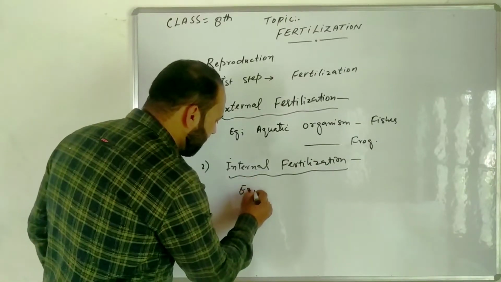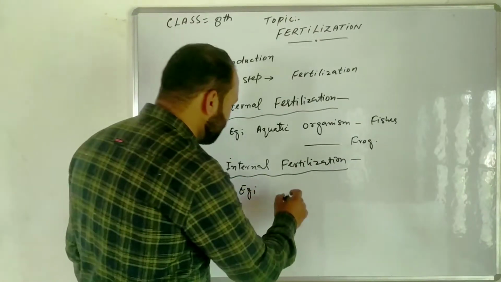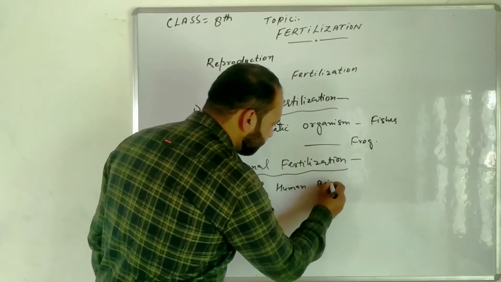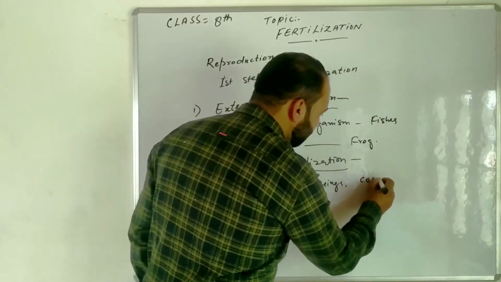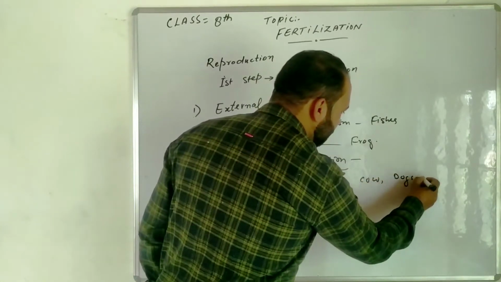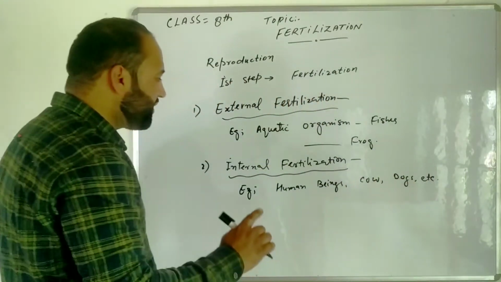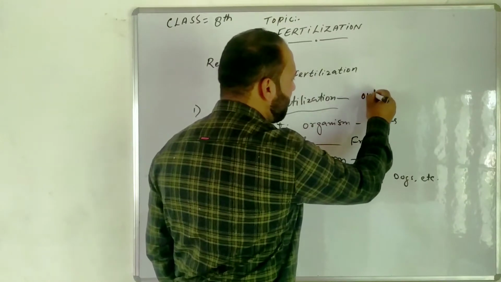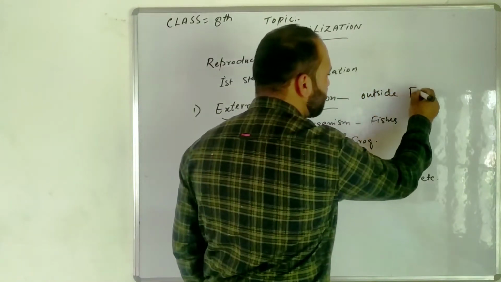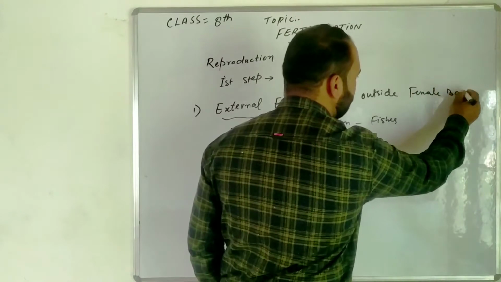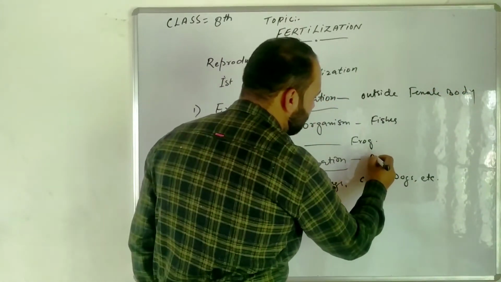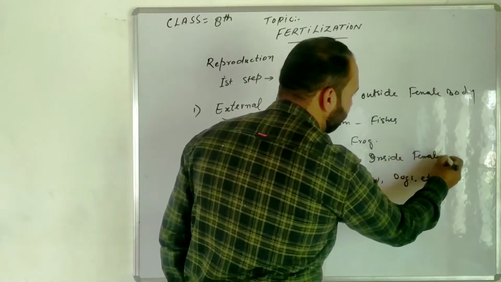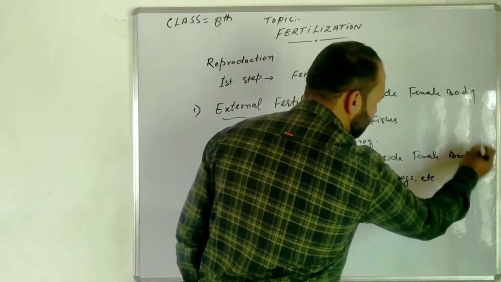This occurs in most organisms, such as human beings, cows, dogs, etc. Internal fertilization occurs inside the female body, mostly in the uterus.